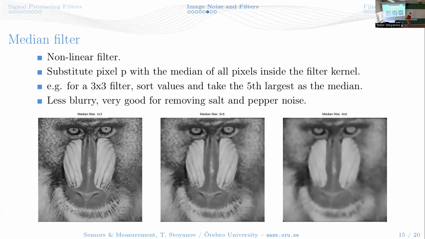So here's an example: median filter, same image, 3 by 3, 5 by 5, 9 by 9. We definitely notice a lot of artifacts the higher this goes. It kind of becomes a little bit cartoonish, because the texture disappears from the image.